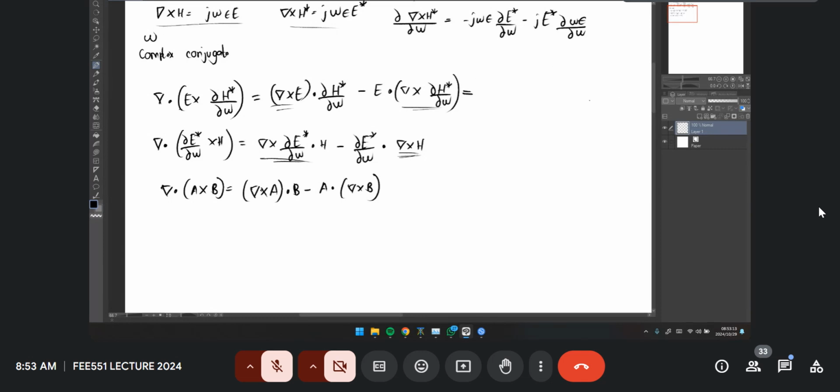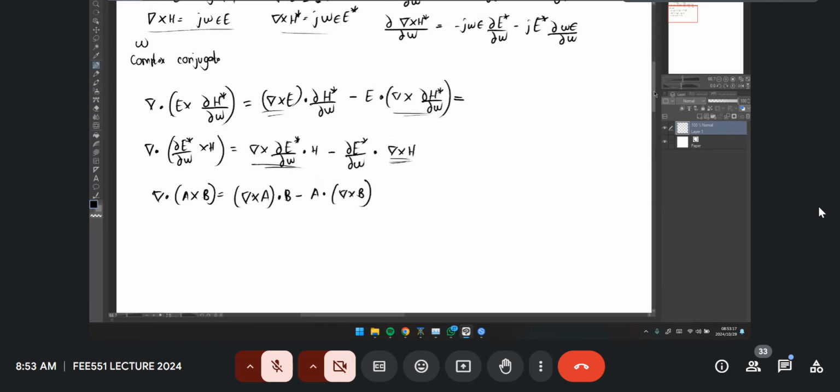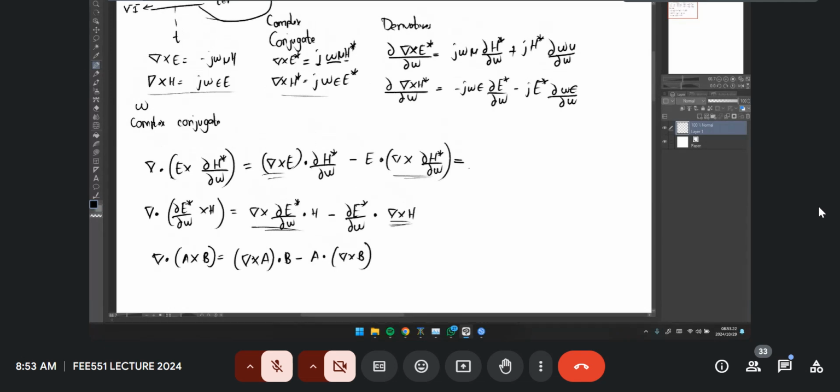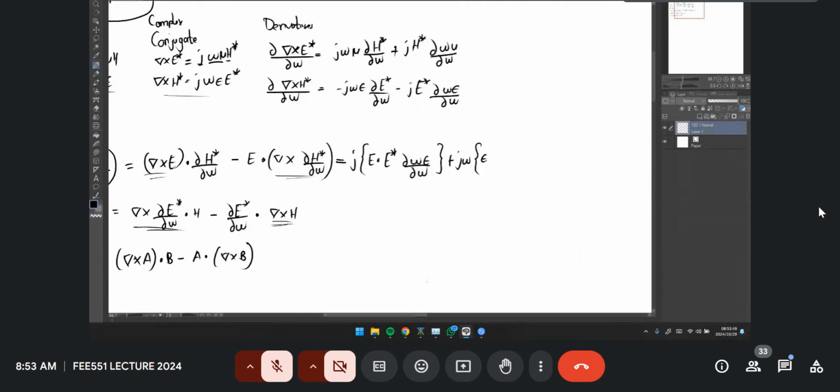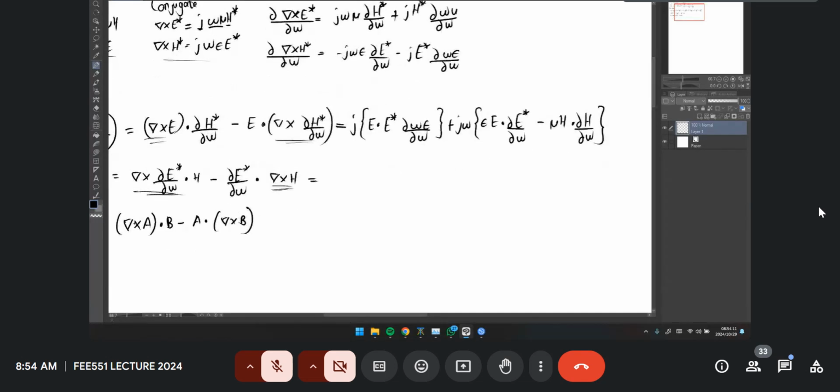So when you simplify these parts, we're supposed to replace the values here, and then when you simplify, we'll get something like J, H dot H. And then for the second one, we get J H.